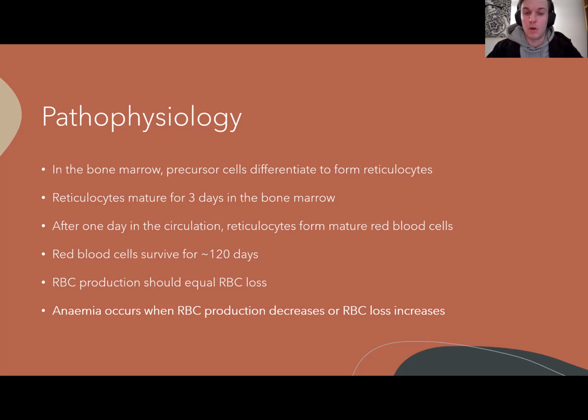A problem somewhere along that production line can result in anemia, and red blood cells are supposed to last 120 days on average. If something is destroying red blood cells, then you will also get an anemia. So it's either down to a problem with production and you're not producing enough, or a problem with destruction and you're losing too many.